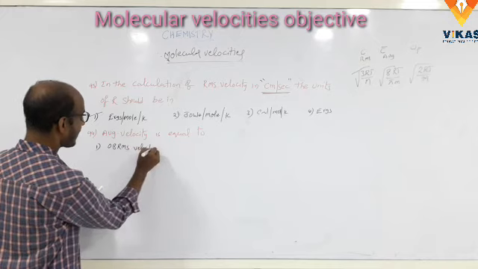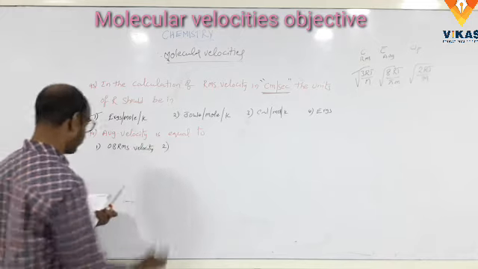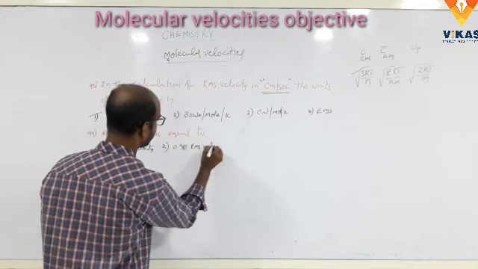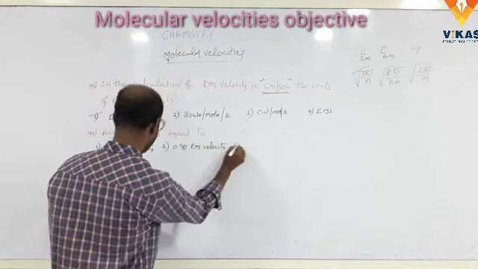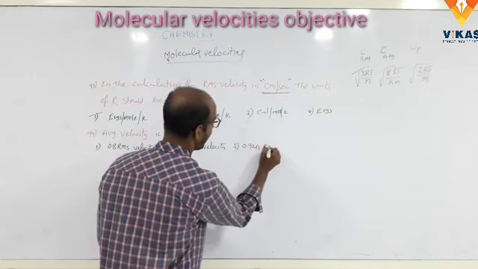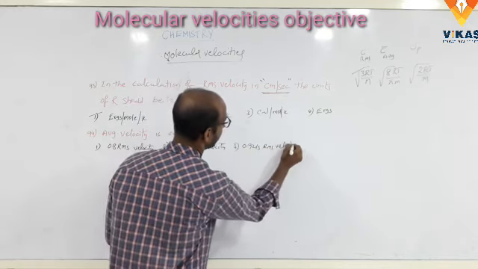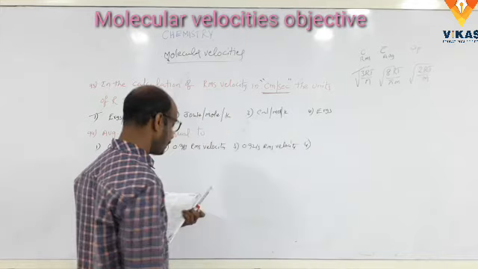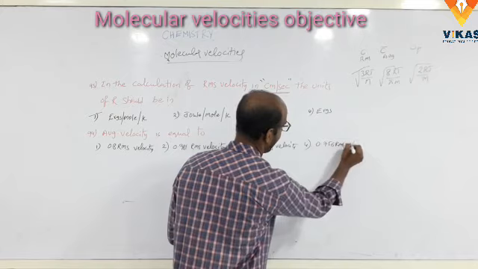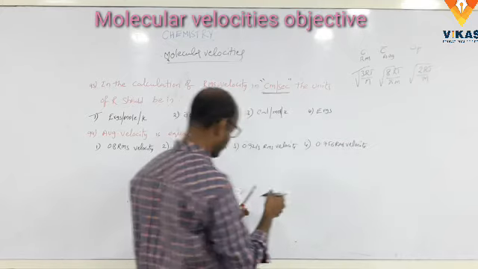Number 2, 0.981 RMS velocity. Option 3, 0.9213 RMS velocity. And fourth one, 0.756 RMS velocity. Those are the four options.